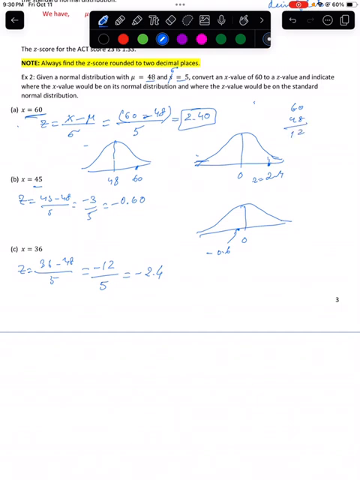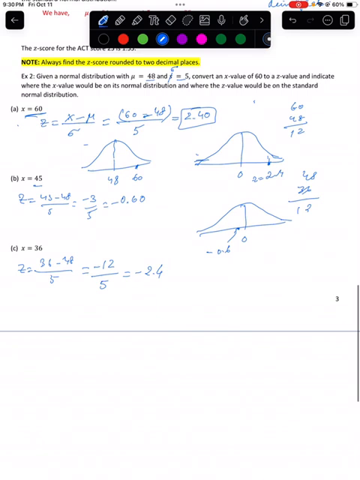So that's what I expected. So this is how you will find the z-scores, and how you will locate them on the normal curve, because it's important that you know how to draw this curve and put the z-scores in their proper place. So this is 0, and the z-score is going to be somewhere over here, this negative 2.4.